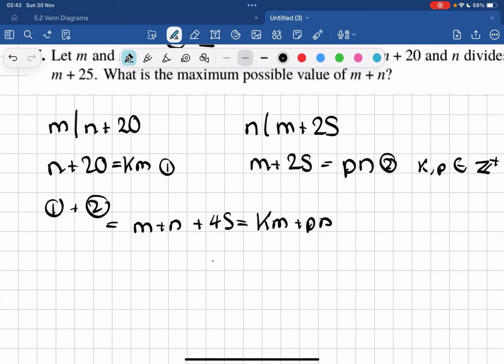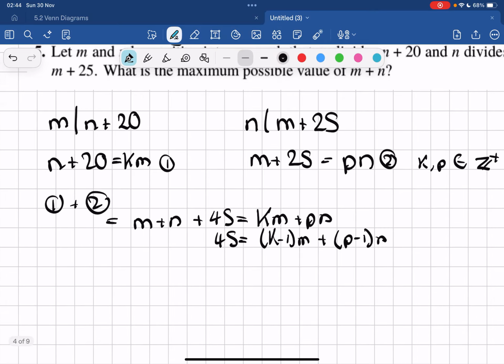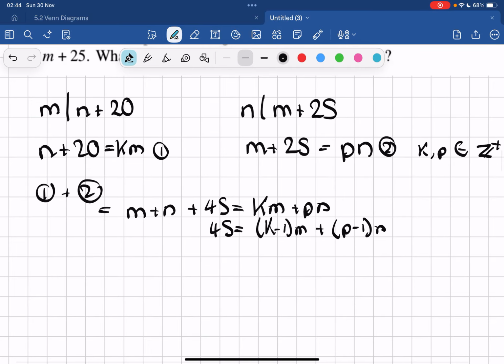If we rearrange to collect all the m and the n terms, we get 45 equals km minus m, which is k minus 1 m, plus pn minus n, which is p minus 1 n. Now, we are trying to find the maximum possible value of m plus n.